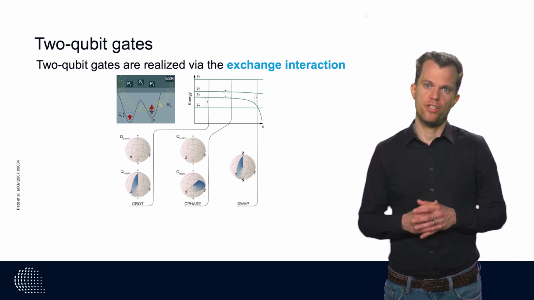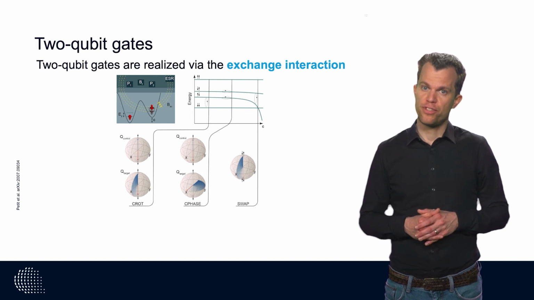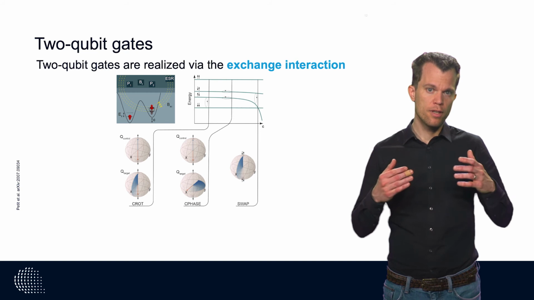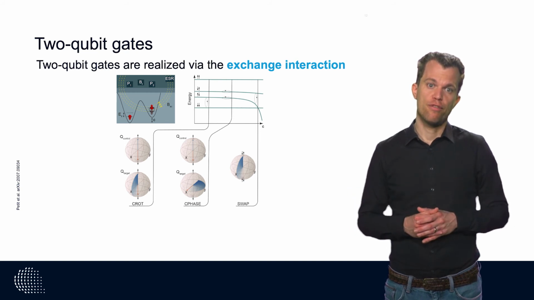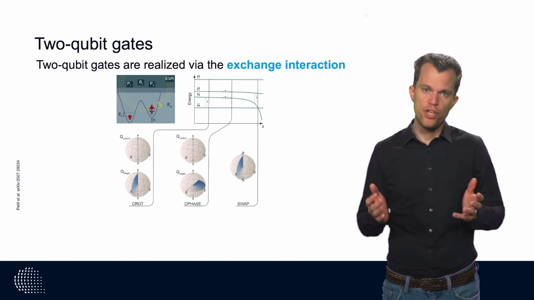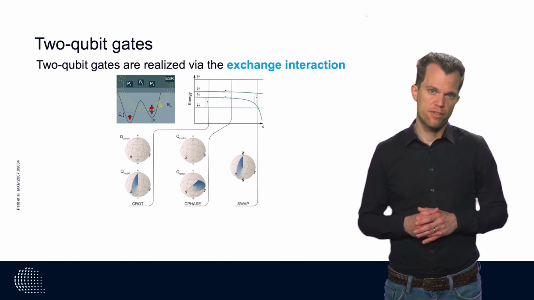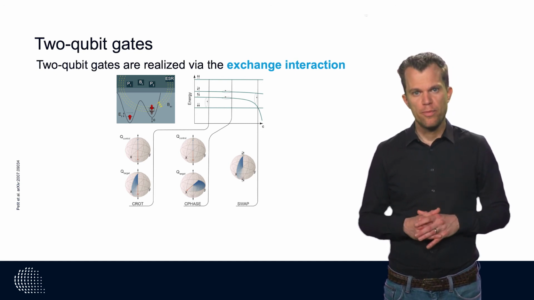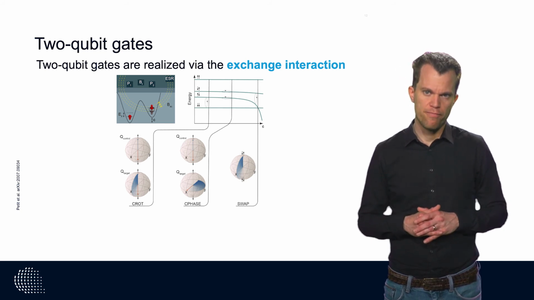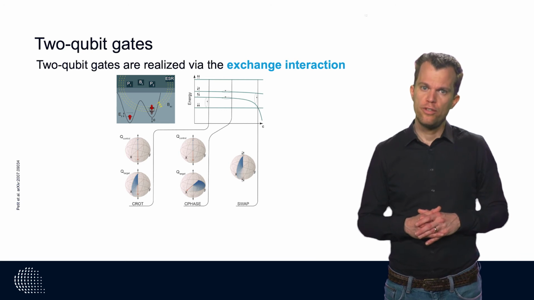In quantum dot systems, there can also be a difference in Zeeman energy between the two quantum dots. Due to this difference, the evolution will no longer be a perfect swap. The rotation is along a tilted axis. And in fact, when the Zeeman energy difference is large, much larger than the exchange interaction, the evolution will lead to an operation called the Z-phase.